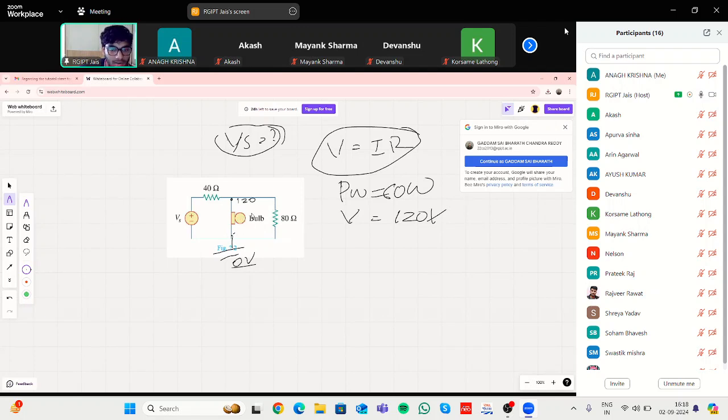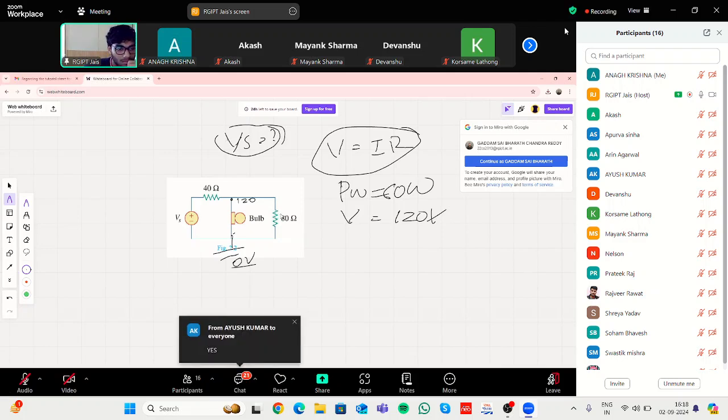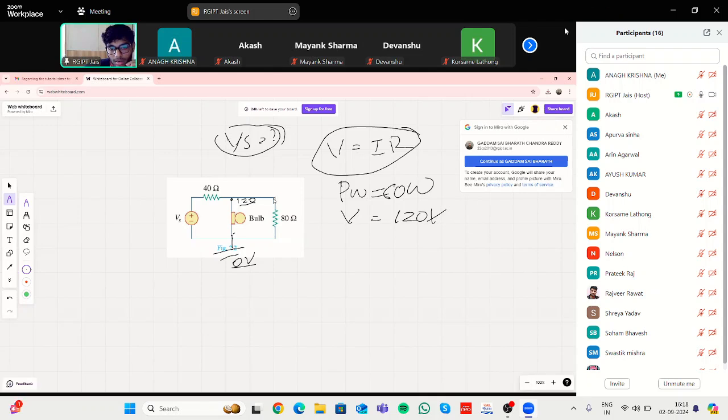Okay, is this clear? So we know in parallel connection, the voltage will be the same. As this bulb and the 80 ohm resistor are connected in parallel, this will also get the same potential 120, and here we'll be getting 0, and here also it is 0.